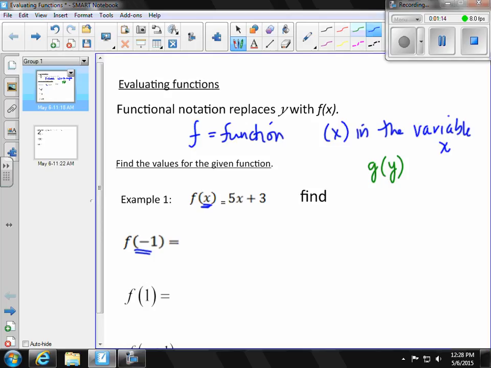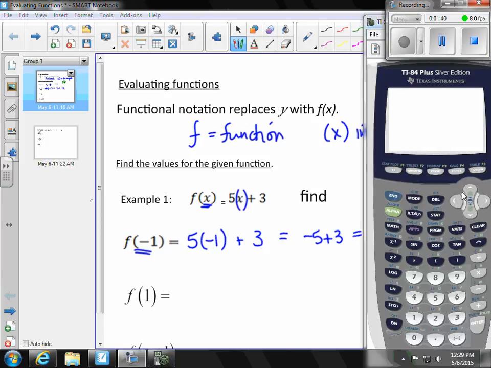So I want to go to my function, and where I have x, I want to wrap it in parentheses and replace it with that number. So I'm going to have 5 parentheses plus 3. And in place of x, this time I'm going to plug in negative 1. 5 times negative 1 is negative 5, plus 3 is negative 2.